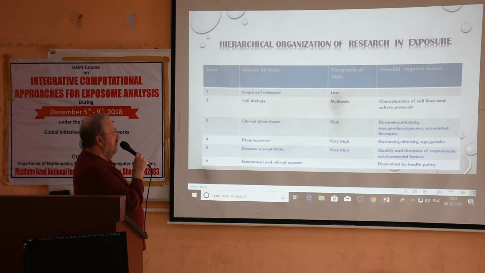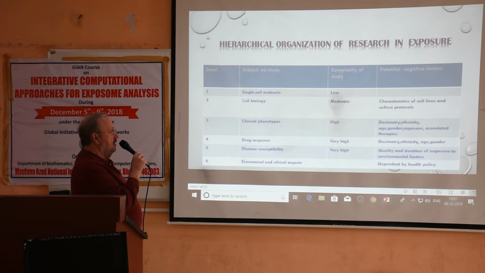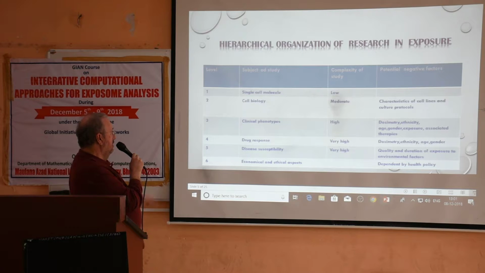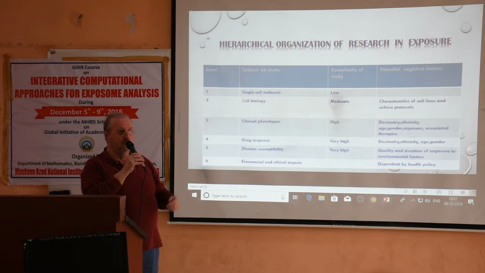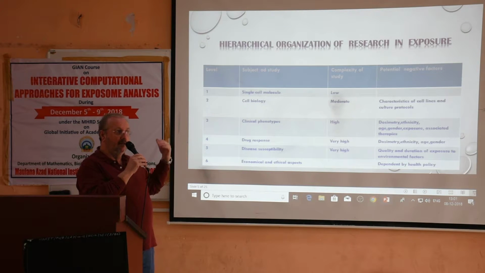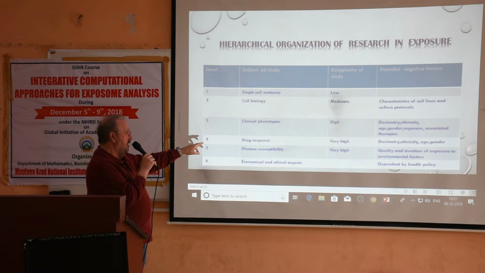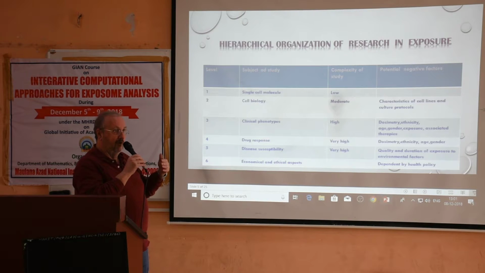At the cell biology level, the complexity is moderate because of intervening factors such as cell lines and culture protocols, clinical phenotypes, dosimetry, ethnicity, and all the things that Professor Pasardani has shown in the example about Alzheimer. Drug response is very high, and it could be considered an aspect of exposome.